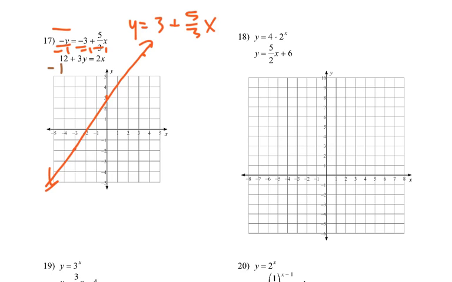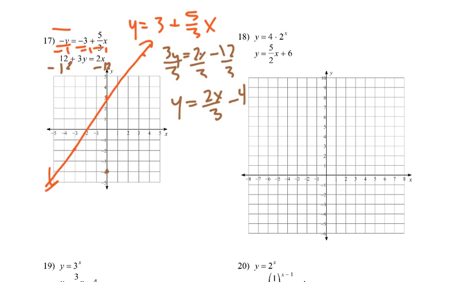Subtract a 12, giving us 3y equals 2x minus 12. Divide by 3. We get y equals 2x over 3 minus 4. Start at negative 4. Then we go up 2 to the right 3, or down 2 to the left 3.